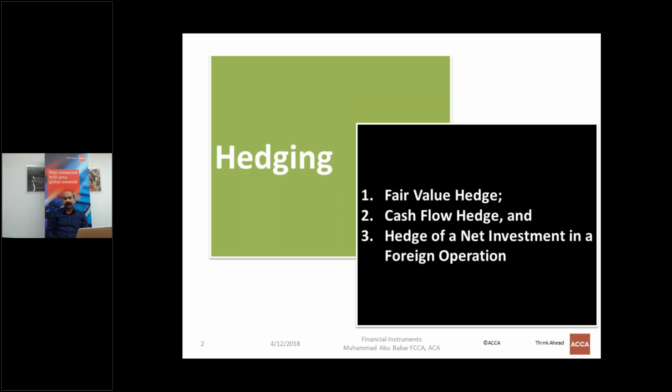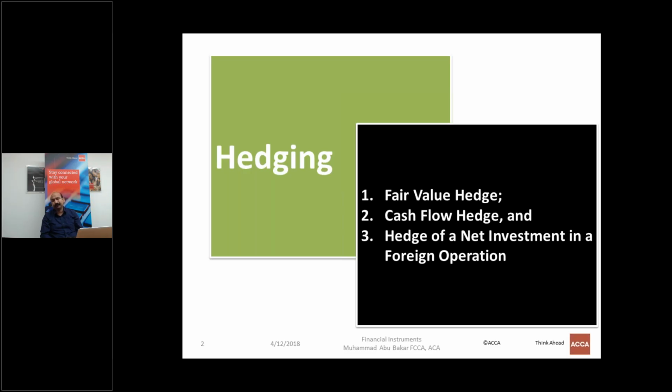But our discussion is based basically on two things. Number one, we may need hedging techniques for various types of transactions. So where that hedge will be classified as a fair value hedge, and where that hedge will be classified as a cash flow hedge, these are the two things which we will try to learn through the session on hedging.